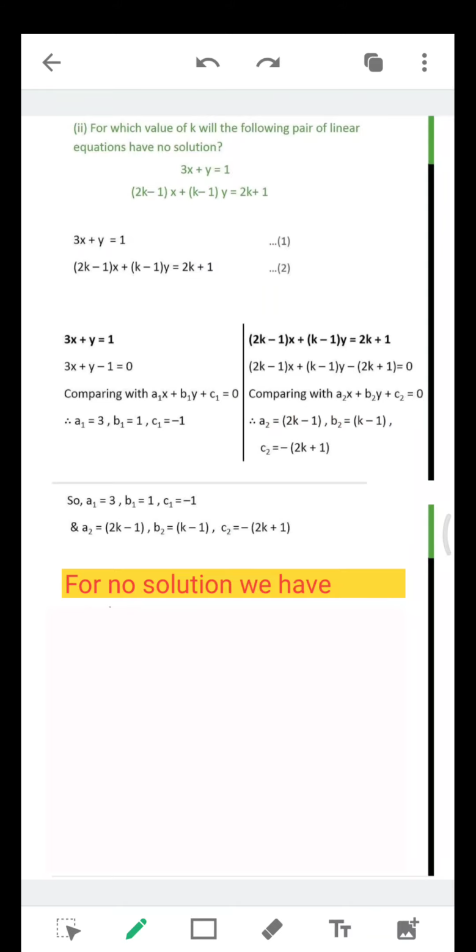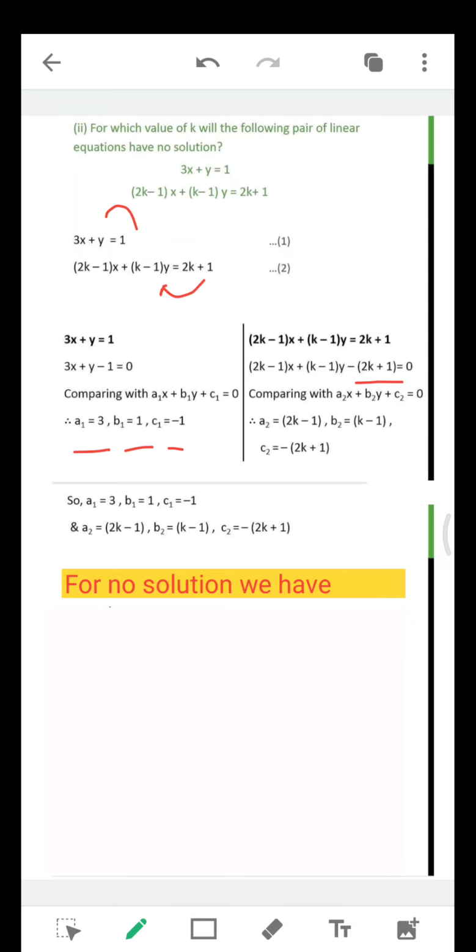So again here also I'll find the values of a1, b1, c1 by comparing. a1 is 3, b1 is coefficient of y, and c1 is -1. So comparing with the equation, we'll get a1 is 3, b1 is 1, c1 is -1. You should take this 1 to the left, always remember it, and this 2k plus 1 should also be taken to the left with the minus sign. So you can see how I have taken it, minus of 2k plus 1.